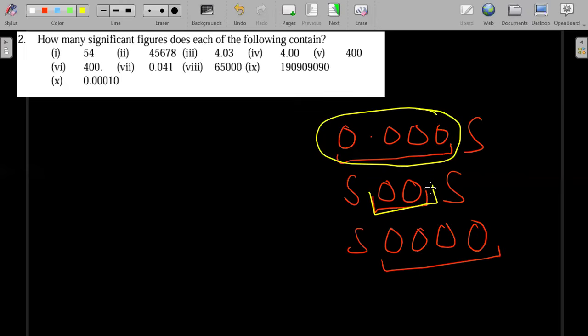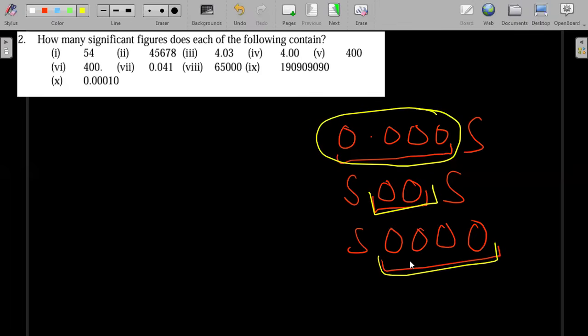As long as you have zeros that are between two non-zero numbers, all those are going to be counted as significant. And then when we go to the trailing zeros, the zeros after a non-zero digit, we said they can be significant and they cannot be significant.